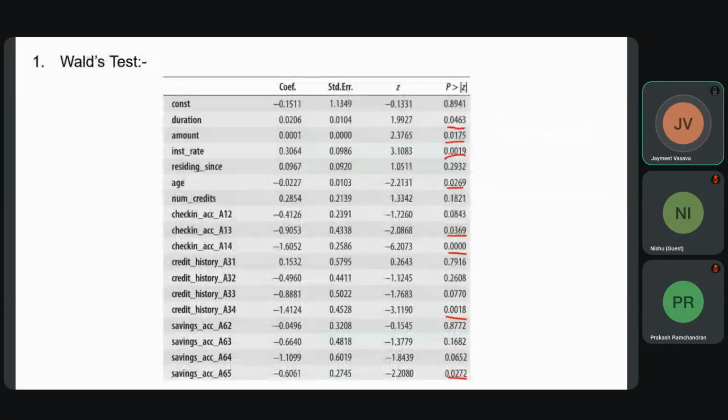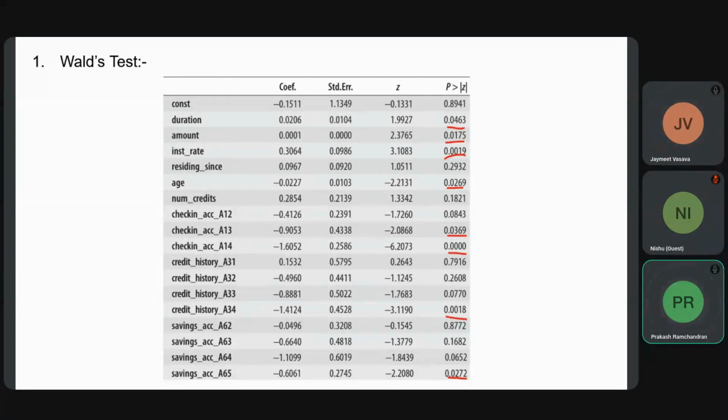According to the Wald test, for the p-value, we are getting 8 total features which are really significant, and you can see the red underline for the probability value of those features. But this is a very manual way, checking all the rows and all the values of the p-value.